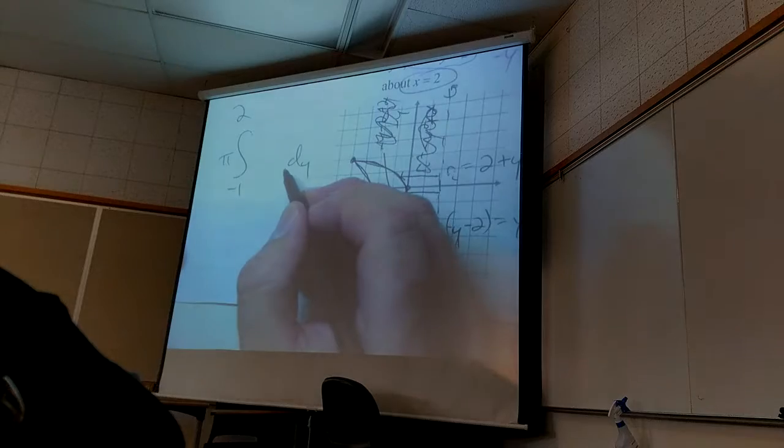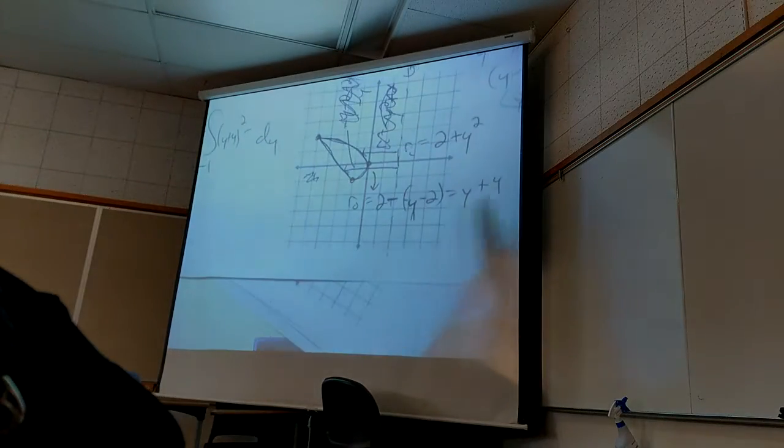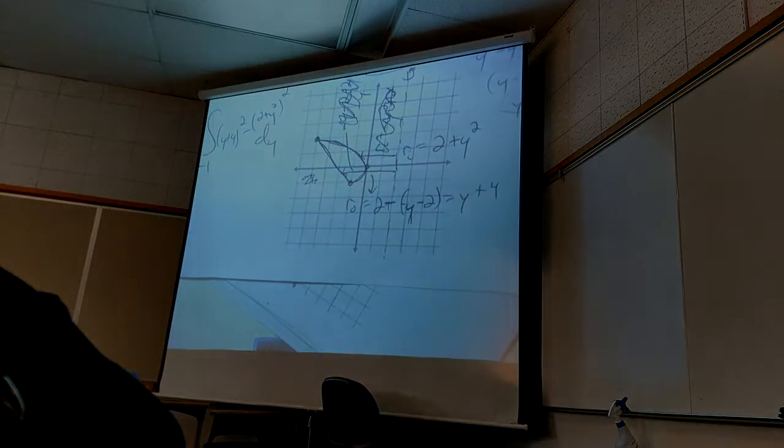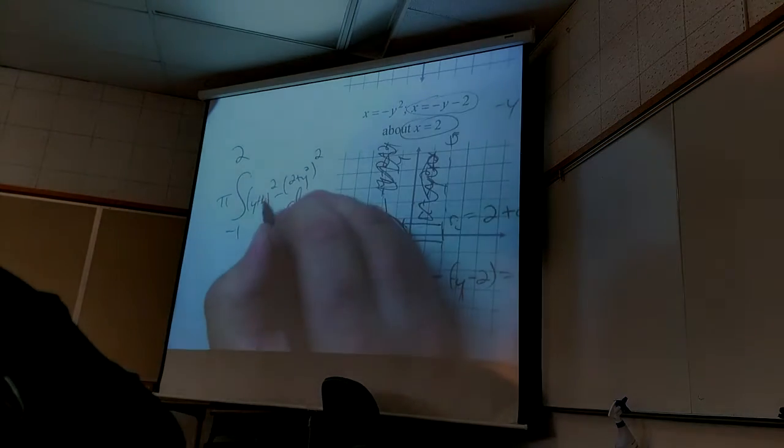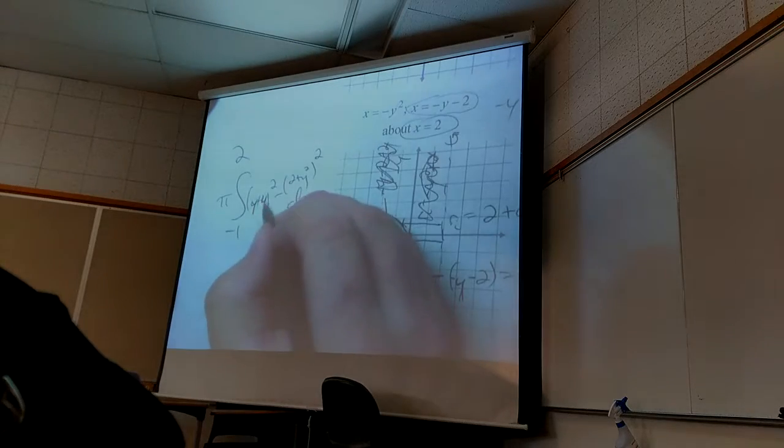I didn't leave myself much room. So I have pi on the outside, and then I square the two radii. The outer radius is y plus 4 squared minus the inner radius squared.